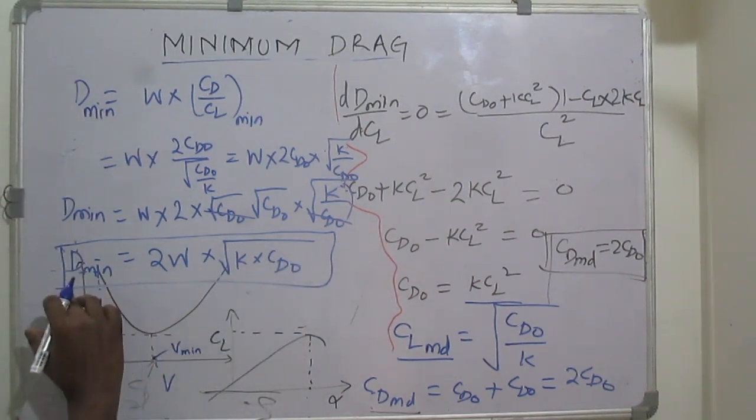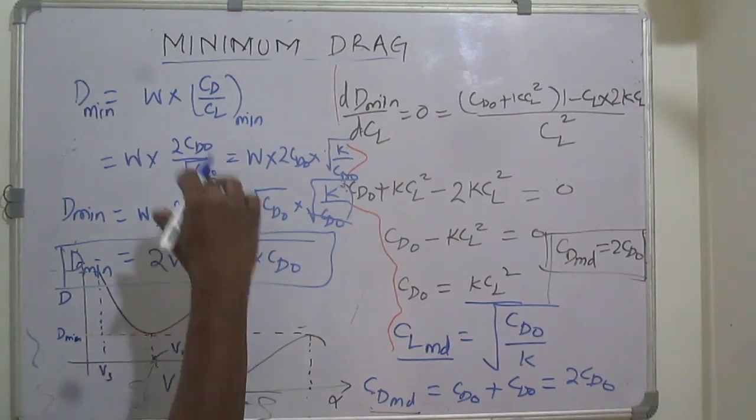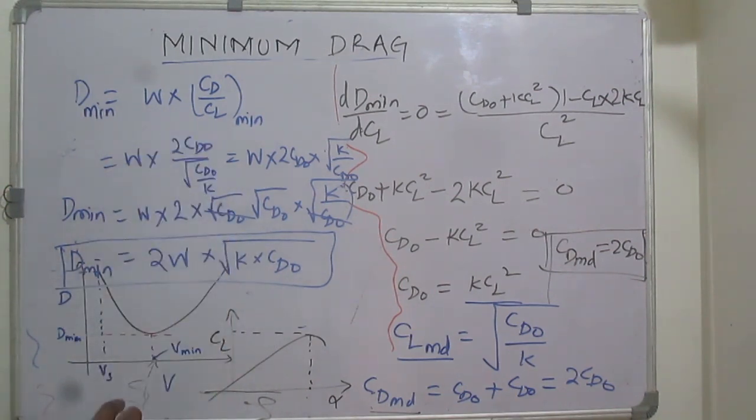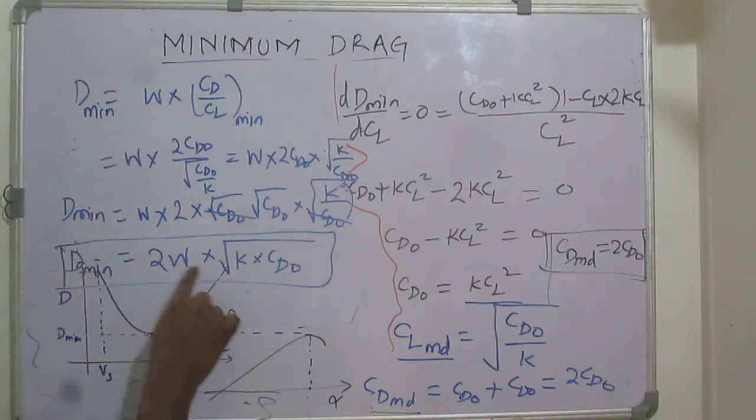Minimum drag doesn't have any relationship with the altitude. As the altitude remains constant, minimum drag will be constant. Also minimum drag is not a function of density, so we can't say that minimum drag will be changed or affected because of the altitude.